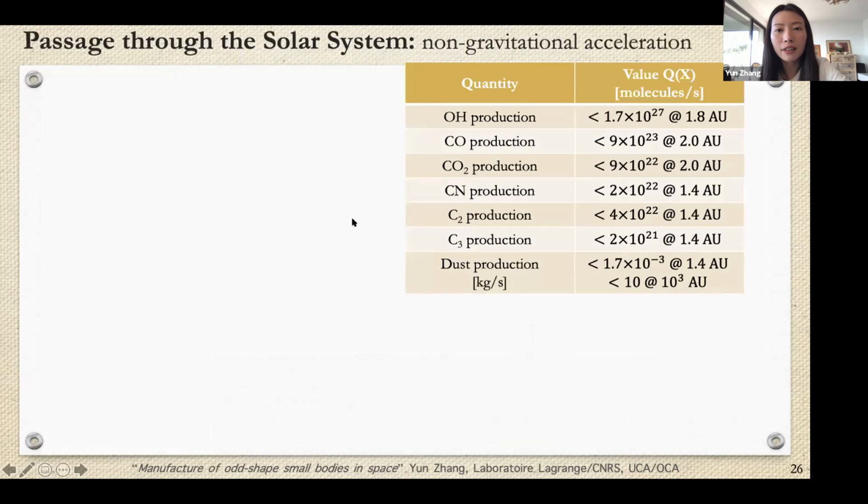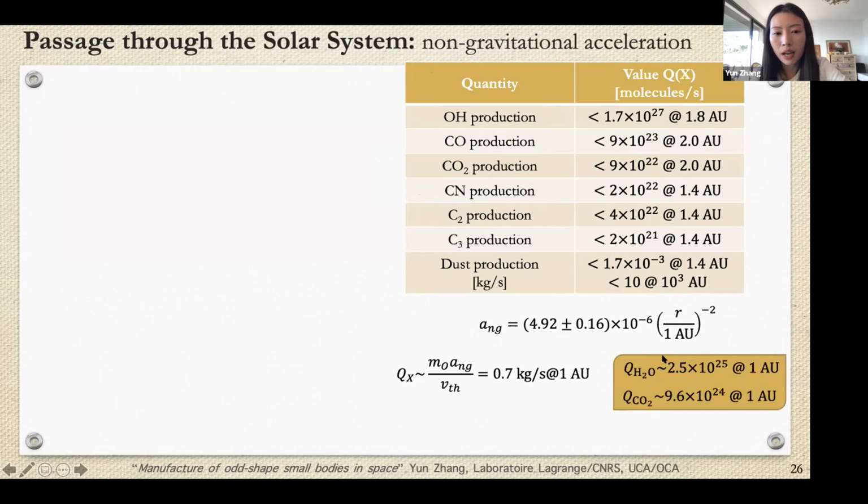Now we want to find the explanation for Oumuamua's non-gravitational acceleration. Since there are some preserved volatiles, when it came to visit our solar system, its surface could once again be exposed to the Sun's intense radiation, and the residual volatiles could be activated. The observations of Oumuamua have put some upper limits on its gas production rate, as shown in this table.